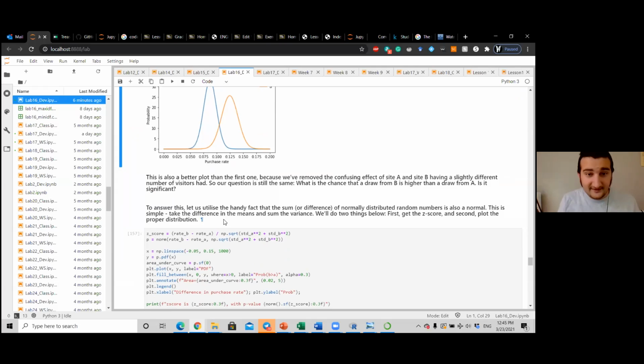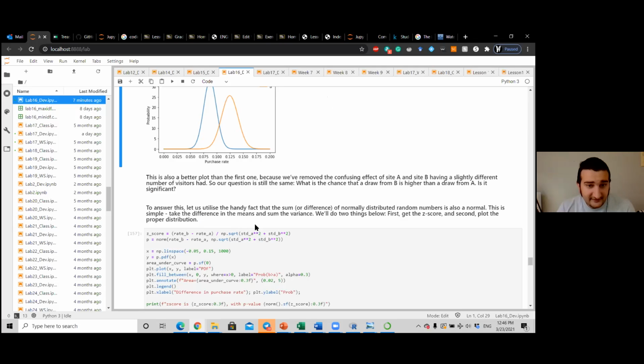To answer this, let us utilize the handy fact that the sum or difference of normally distributed random numbers is also normal. So if I have two normal distributions, if I add them or if I subtract them, the result is still going to be a normal distribution. We know that.